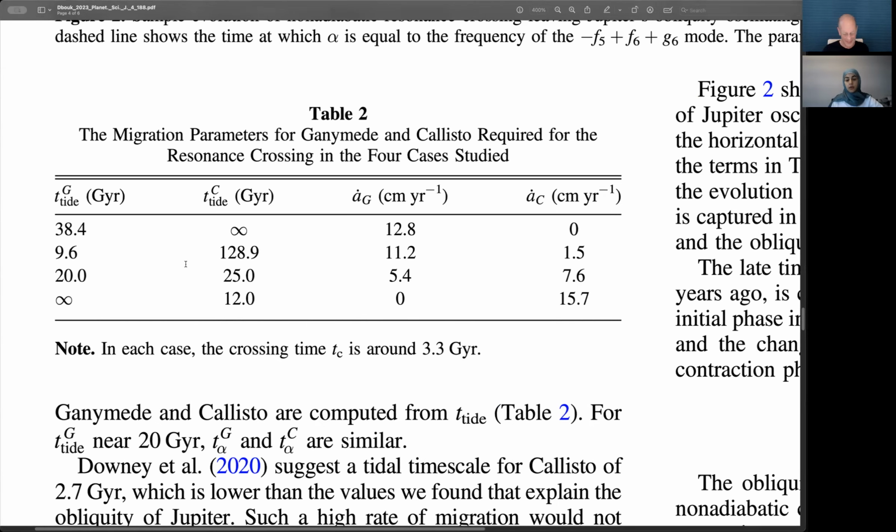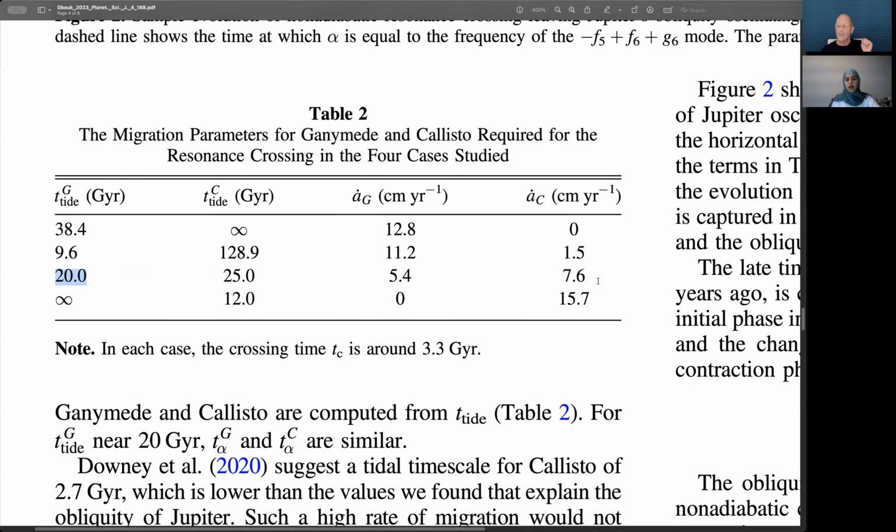And another case, which can also reproduce the obliquity of Jupiter, the third row, we use 20 billion years for the tidal timescale of Ganymede, and that is assumed by Fuller in the resonance model paper. And we can also get the tidal timescale for Callisto and the migration rates.